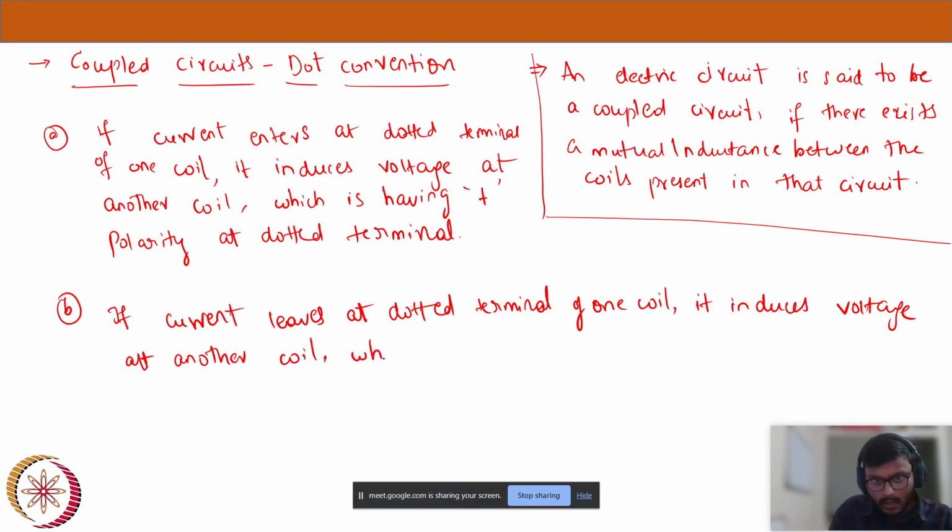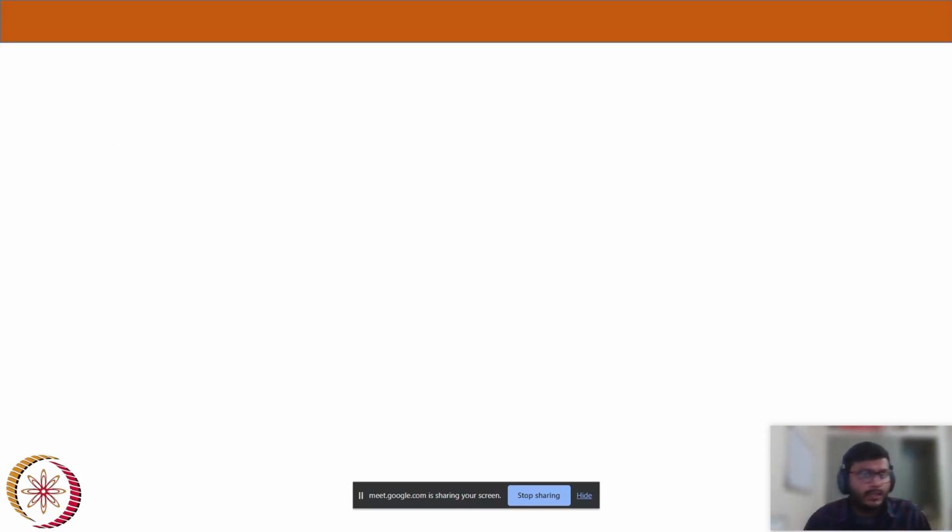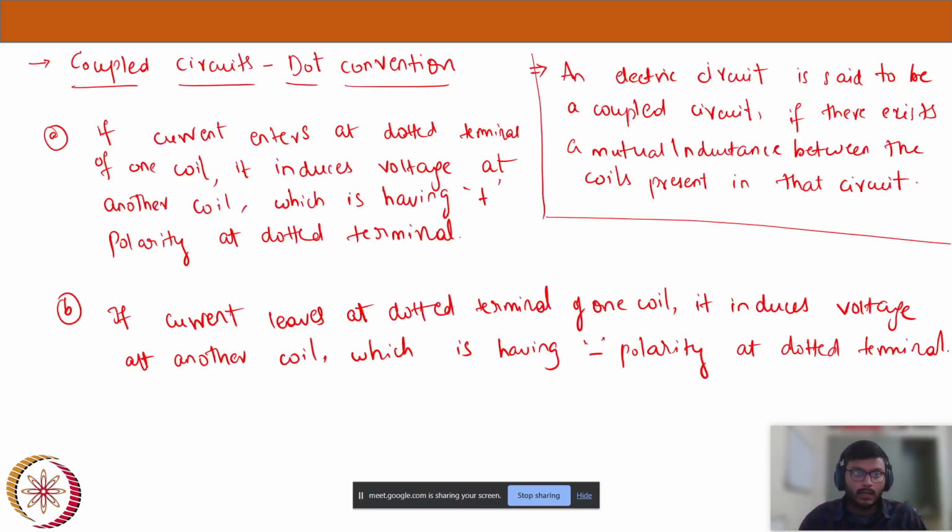Now it will be having a negative polarity at the dotted terminal. These two are the only cases which you will see in a coupled circuit which is having a dot. Either the current enters the dot, or the current leaves the dot.